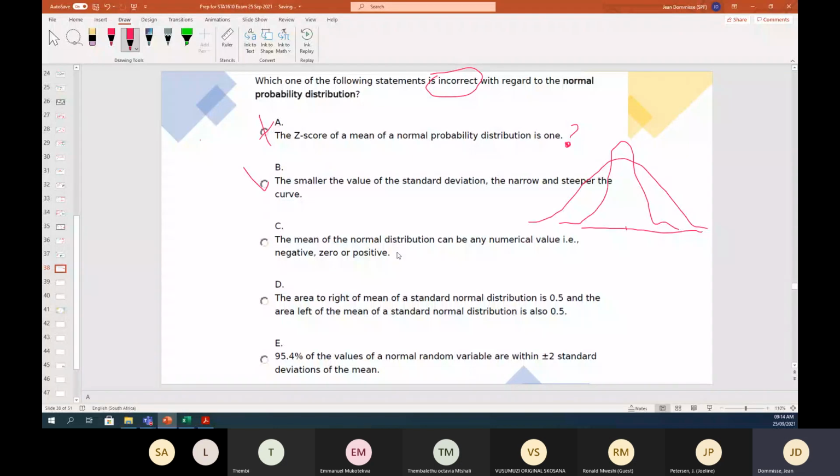The mean of a normal distribution can be any numerical value, negative, 0, or positive, which is correct. Okay, so you can have a negative or positive mean, and you can have a 0, very seldom, but you can also have a 0.